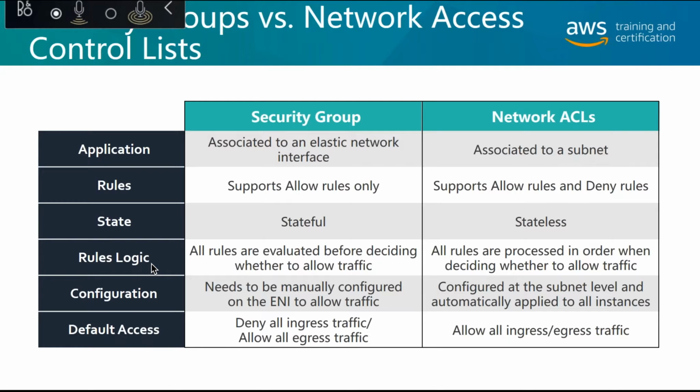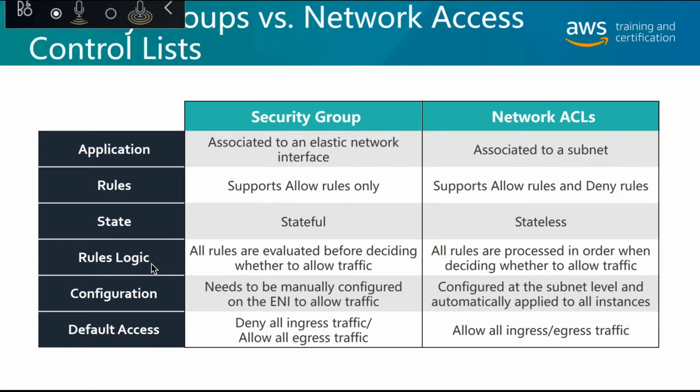Now, make sure you understand the difference between security groups and network ACLs. A security group is mandatory, and a security group is tied to an EC2, or more specifically to the elastic network interface of the EC2. The big thing here is that it is stateful.